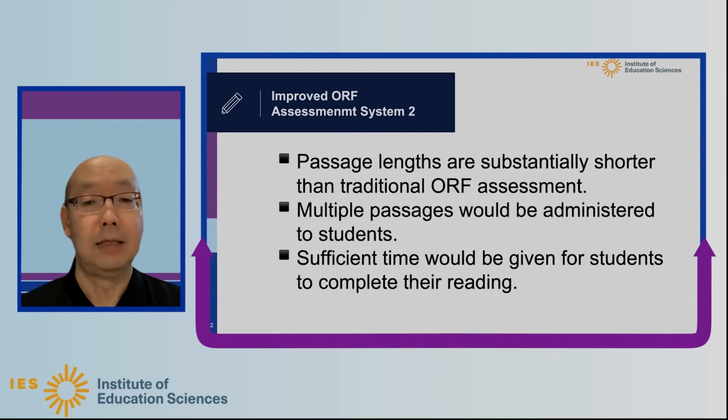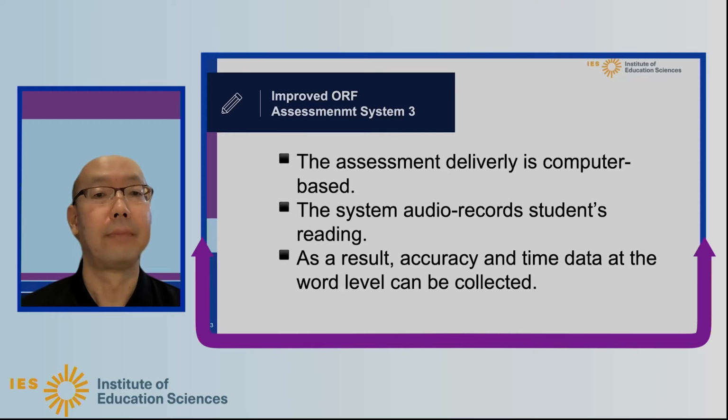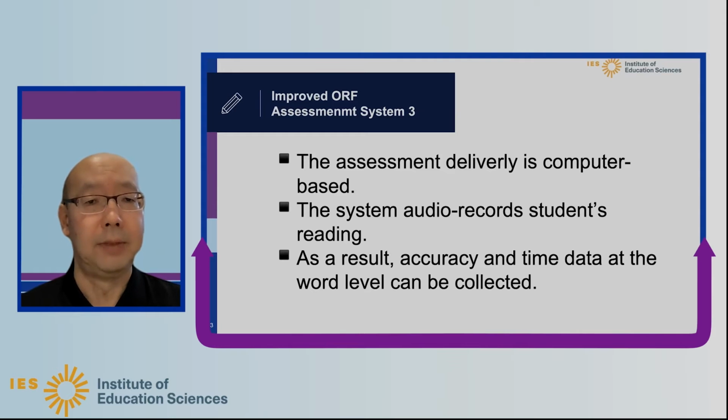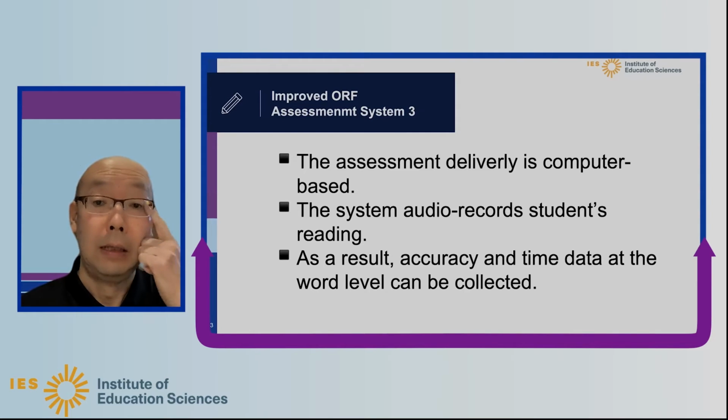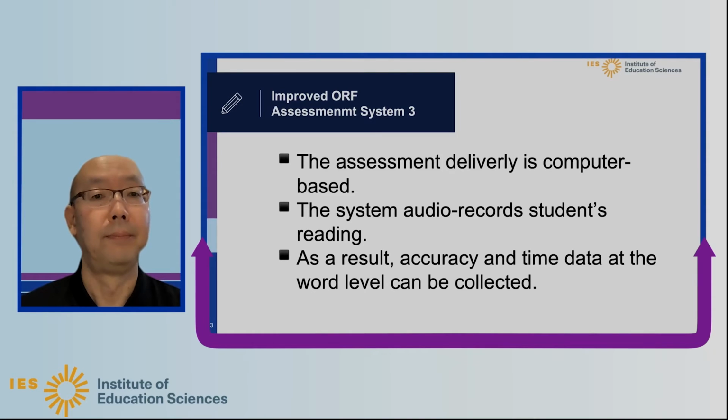And sufficient time is given to students to complete their readings. In the improved ORF assessment, the assessment delivery is computer-based. The system audio records students' reading. As a result, accuracy and time data at the word level can be collected.